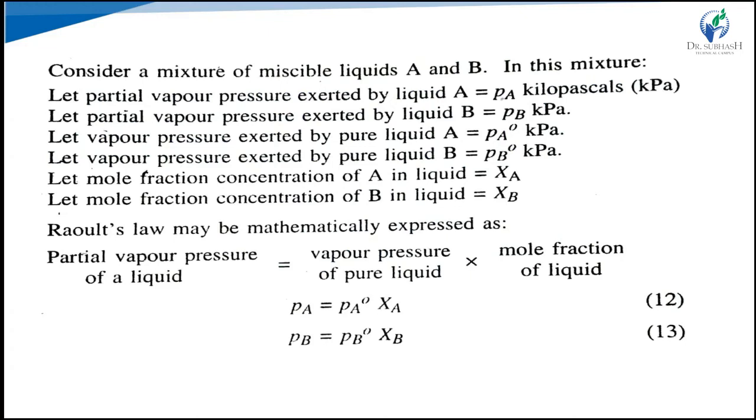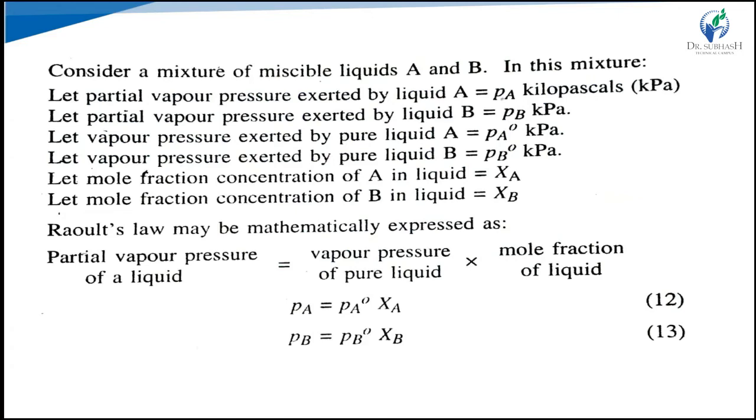So this can be expressed on the mole fraction scale. We consider a mixture of miscible liquids, for example A and B. Let the partial vapor pressure exerted by liquid A be Pa, and let the partial vapor pressure exerted by liquid B be Pb.